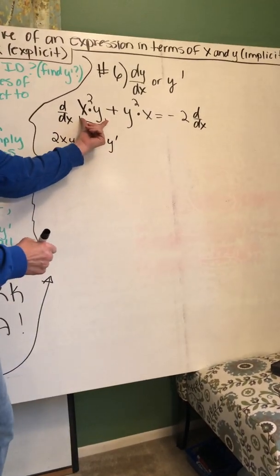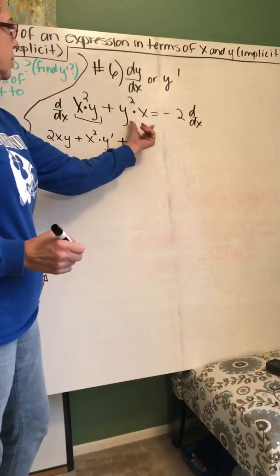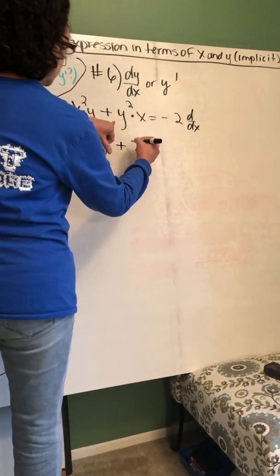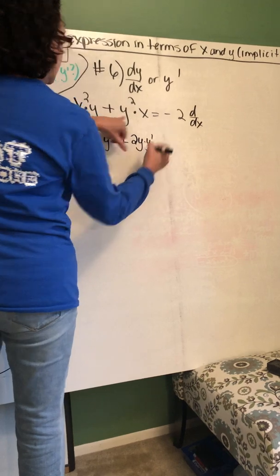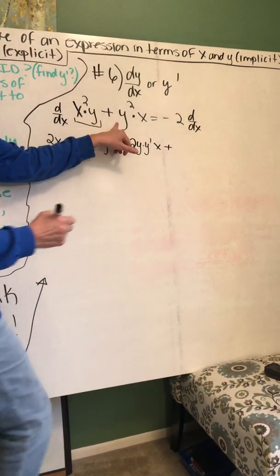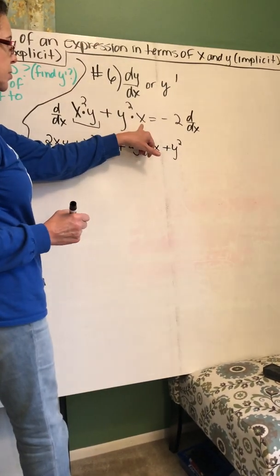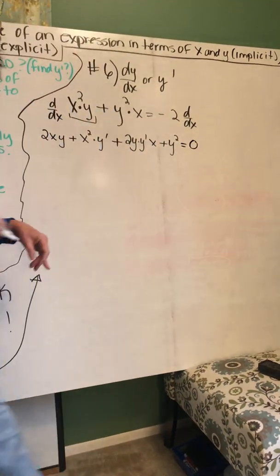Product rule here, plus product rule here. Take the derivative of y squared with respect to x, that's 2y times y prime. I keep my x, plus I keep my y squared and multiply by the derivative of x, which is 1, and the derivative of negative 2 is 0.